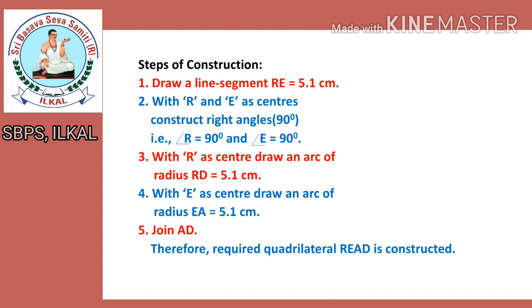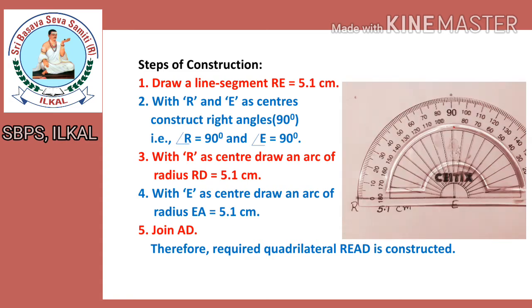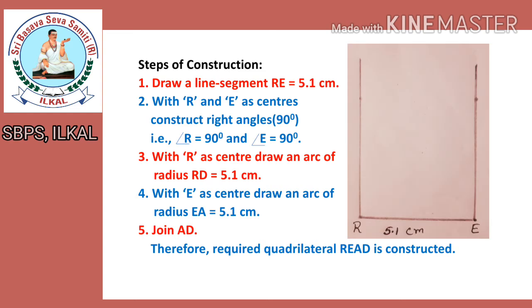First step, draw a line segment RE equal to 5.1 centimeter. Second step, with R and E as centers, construct right angles. That is, angle R is equal to 90 degree and angle E is equal to 90 degree.